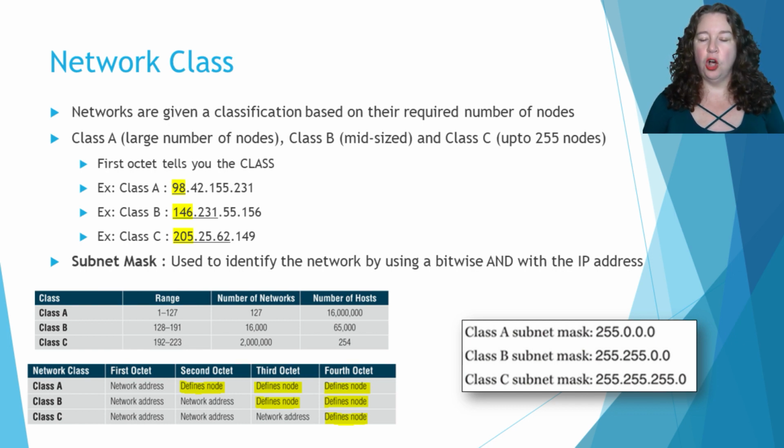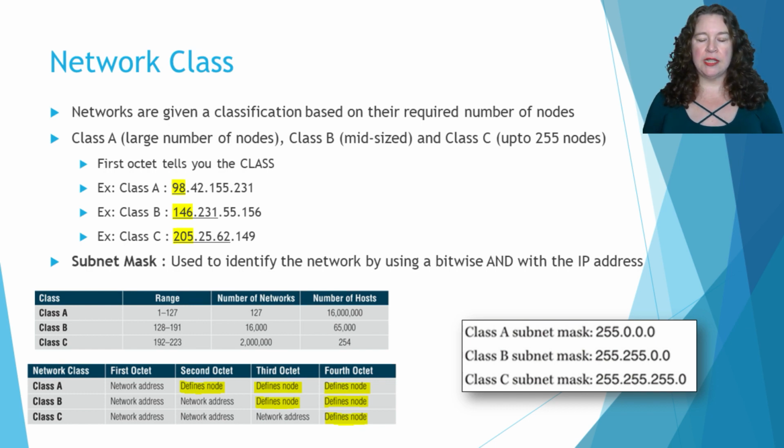With a class A, all we need is that first octet. So we're going to AND it with 255, so we will get just that first octet number. With a class B subnet mask, you're going to have the first 2 octets as 255, and you're going to AND that against the IP address, and you're just going to get the first 2 octets. The other 2 numbers will be 0. Class C, your last octet will be 0, and you will just get the class C network.